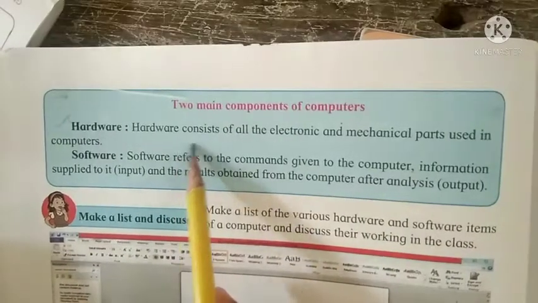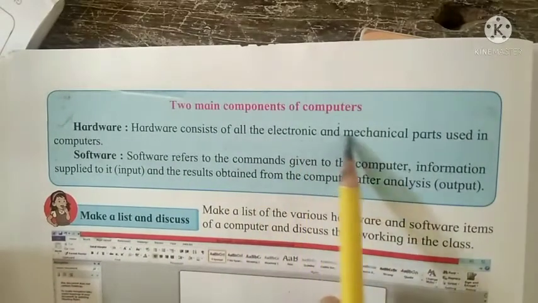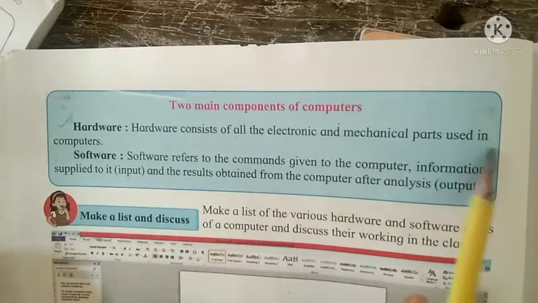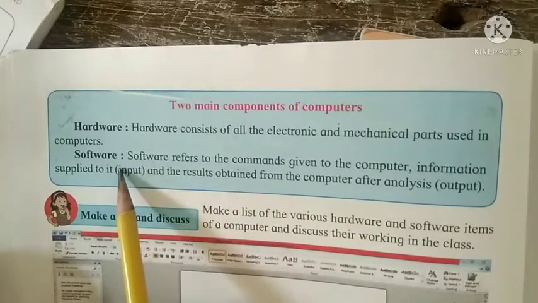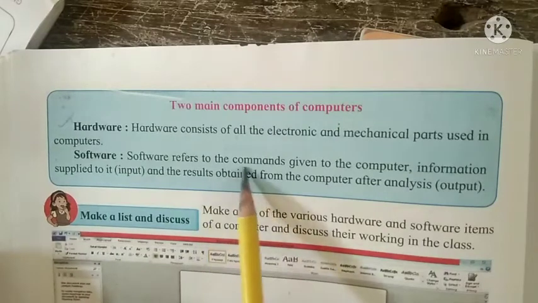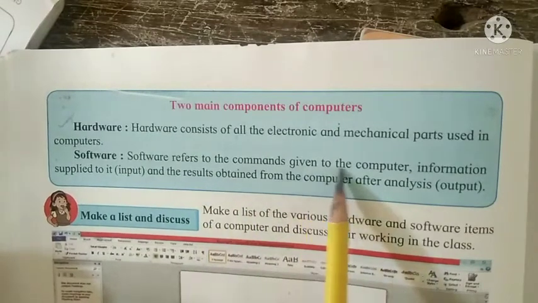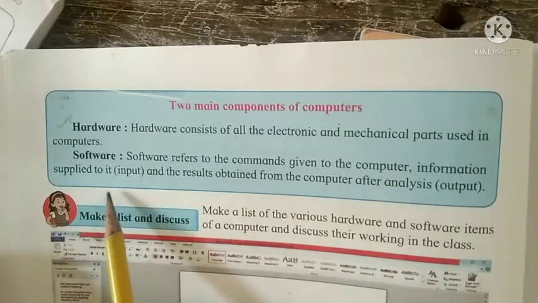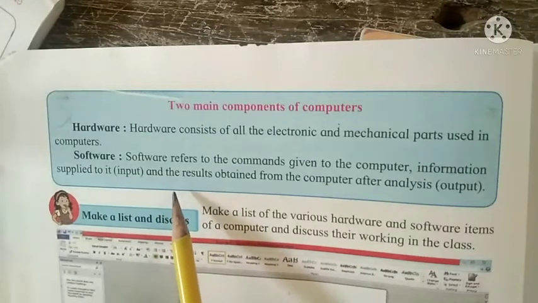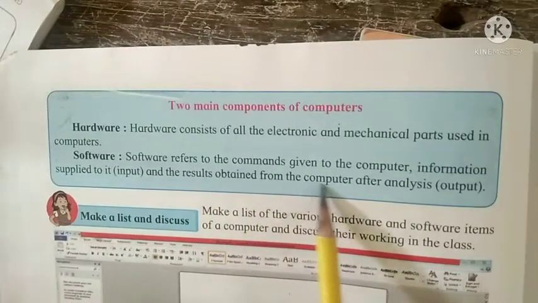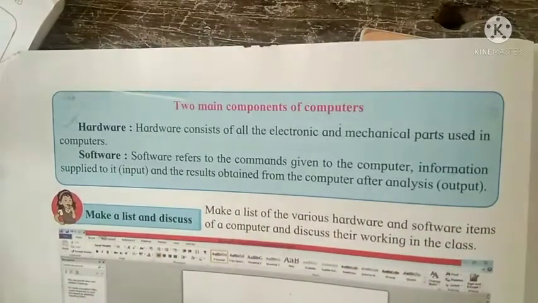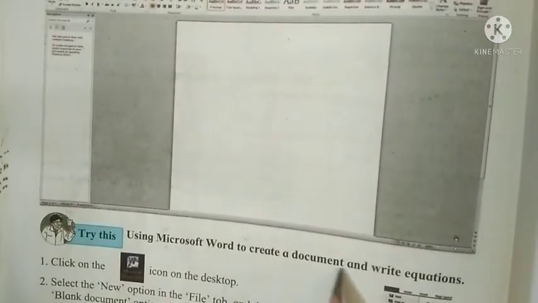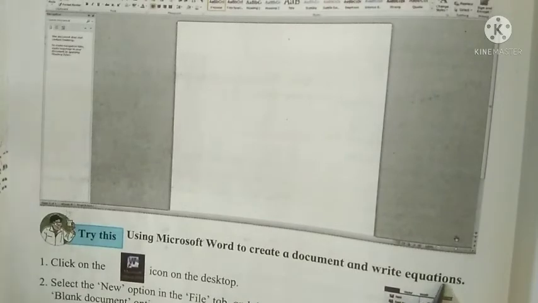Hardware: that consists of all the electronic and mechanical parts used in computers. And software: that refers to the commands given to the computer. Output: the results obtained from the computer after analysis. So using Microsoft Word we create documents and write equations, etc.